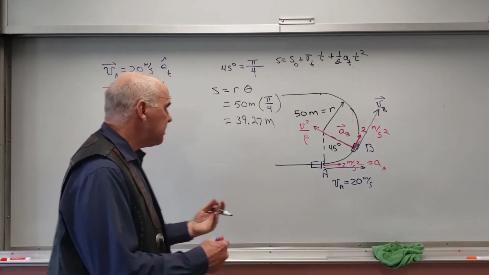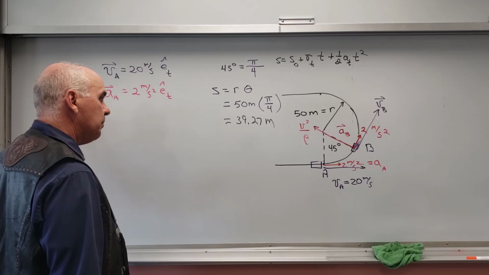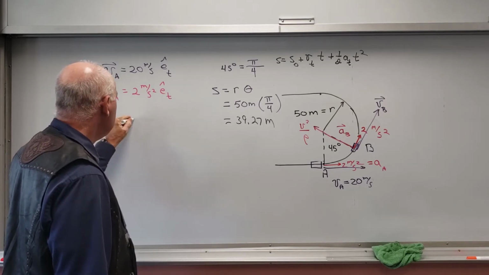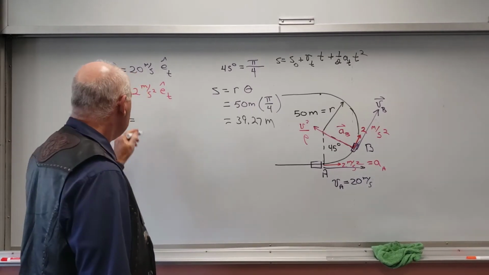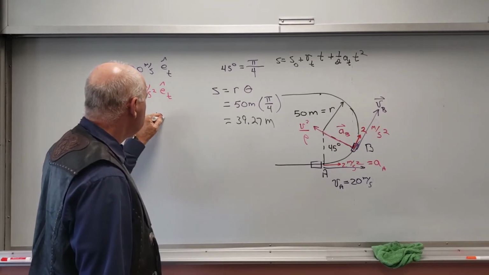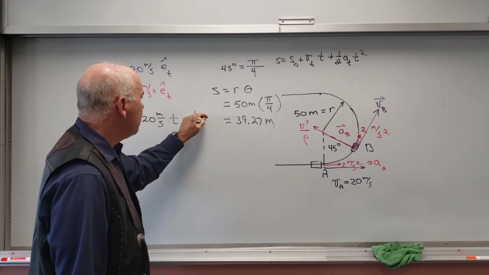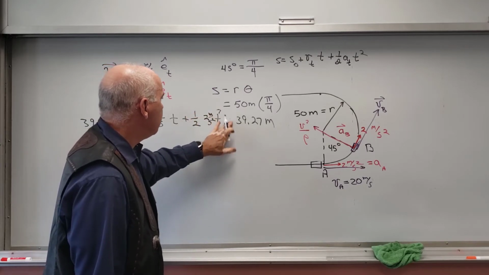All right, so let's find the time. So what do I have here? I've got a distance of 39.27 meters, and that's going to equal, the initial position was 0, so it's going to equal 20 meters per second t plus 1/2 times 2 meters per second squared t squared. Right? Sorry about that.